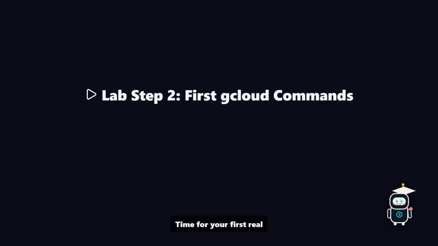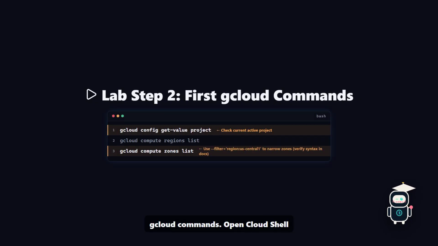Time for your first real gcloud commands. Open Cloud Shell and type gcloud config get value project. The output should show the project you just created. Next, gcloud compute regions list to see all available locations. Finally, gcloud compute zones list. This lists all zones globally.